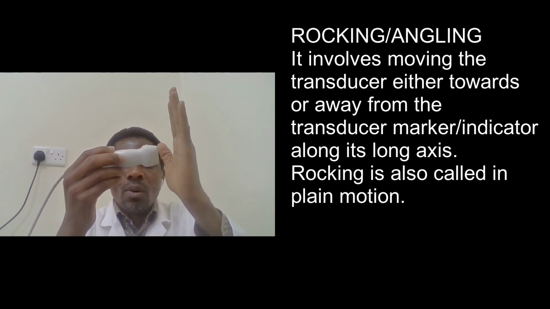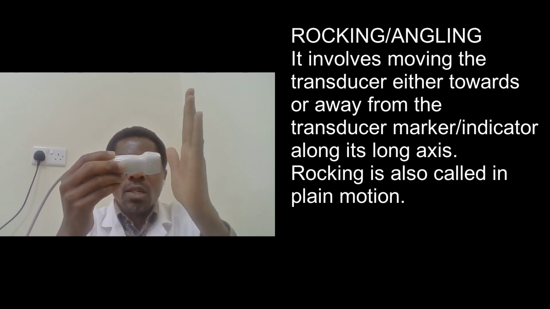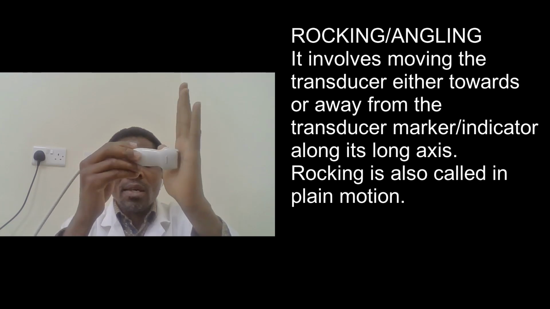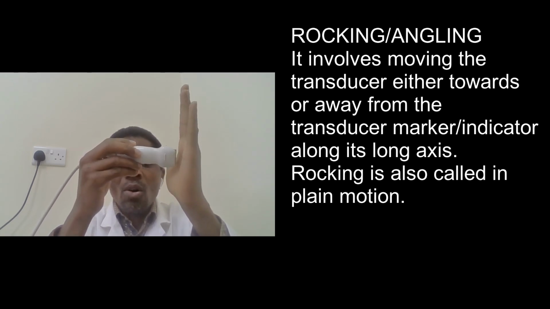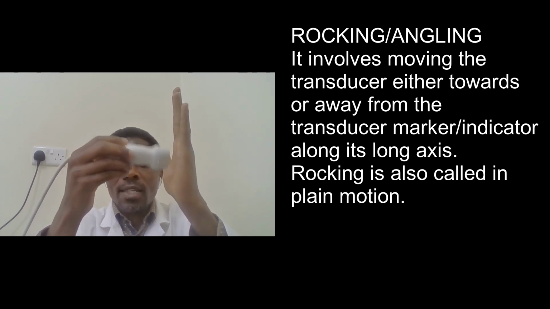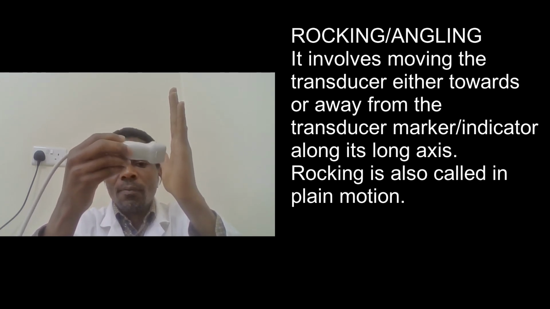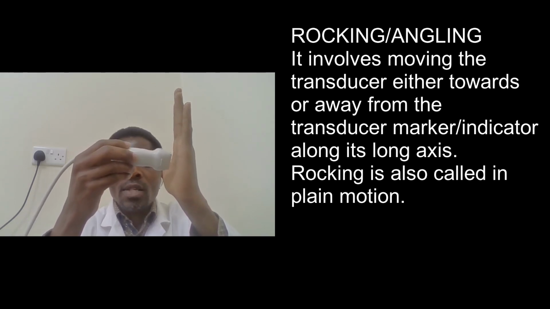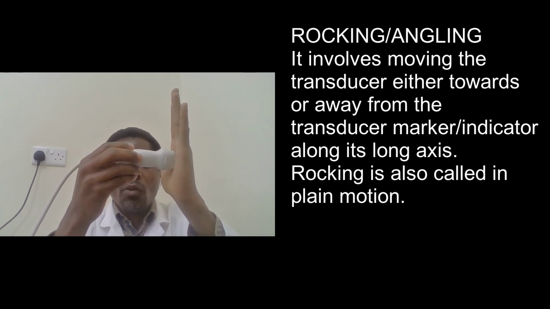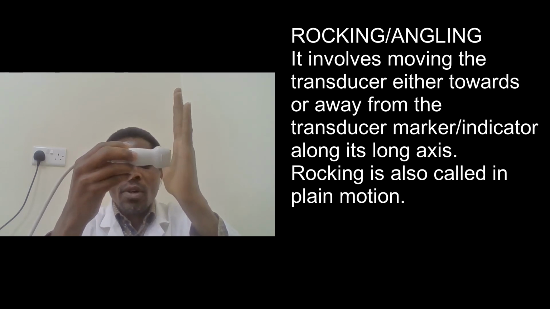While tilting, we use it to move from one structure to the other, or it's like we are trying to slice the structure into multiple images. Whilst rocking, you focus on the area of interest or the structure of interest.